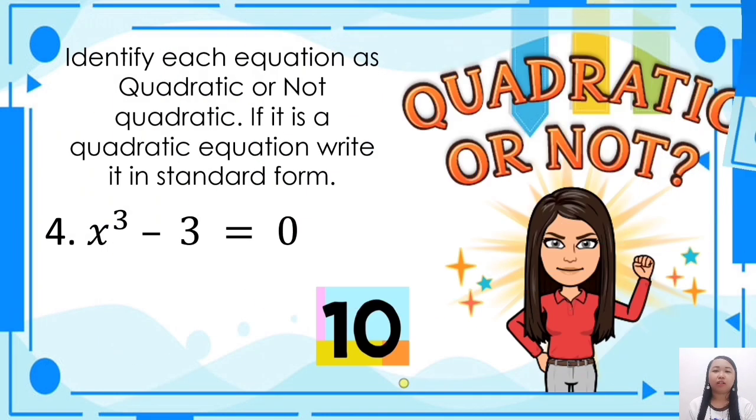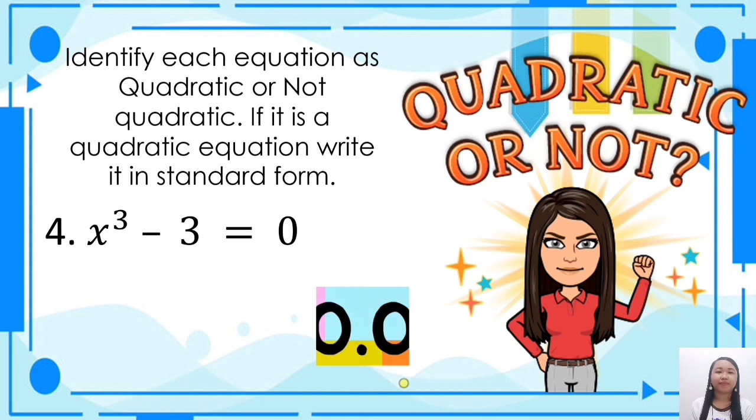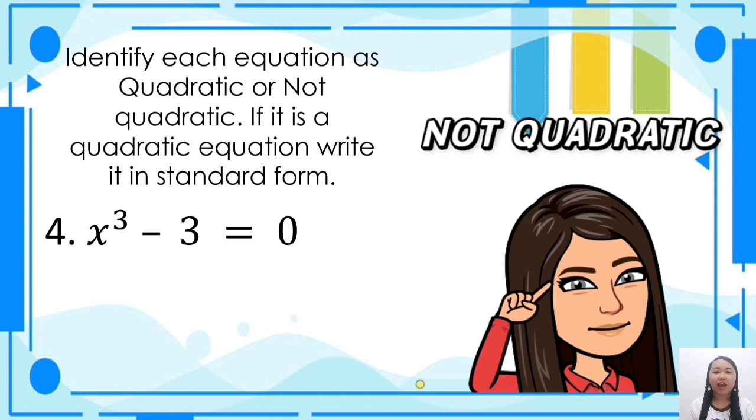Number 4. x cubed minus 3 equals 0. The answer is not quadratic.